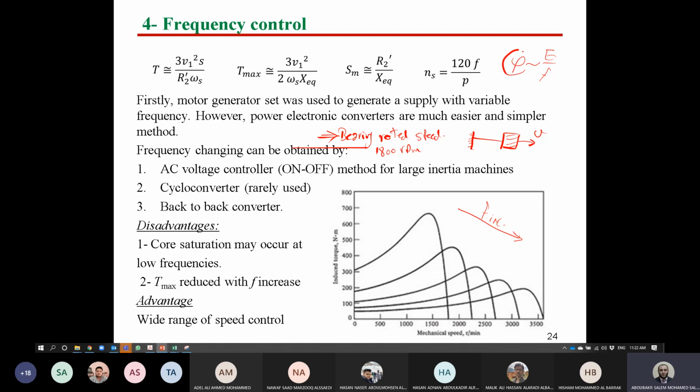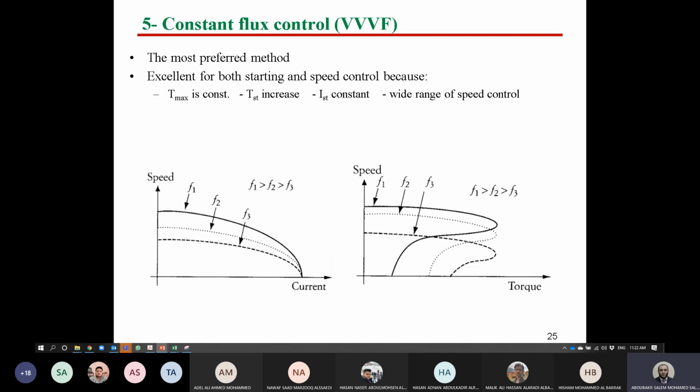So in order to keep flux constant and keep controlling speed, instead of changing E only, which is V, or F only, we can change both together, but with the same ratio to keep flux constant in order to avoid any flux weakening or flux saturation. So this is the better technique compared to the frequency control. So it's better to use constant flux control. So we keep V over F constant all of the time.